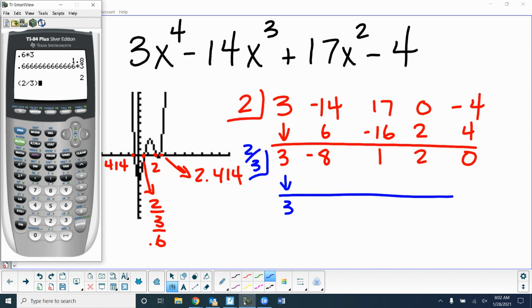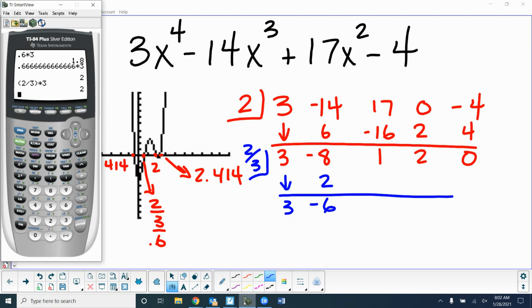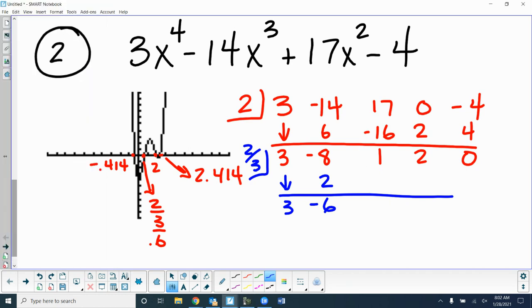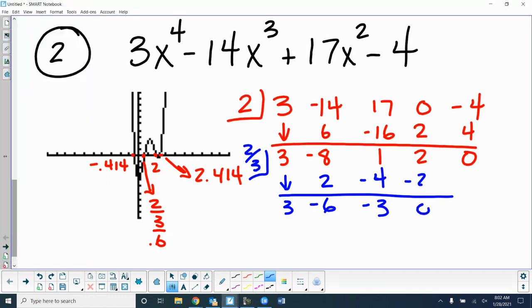So just put it in parentheses, and you'll get your 2. All right? And then that's negative 6. Okay? And then you can hit second enter if you want, and it'll put the same thing. Go back and use the negative 6 then. You get negative 4. 1 plus a negative 4 is a negative 3. Hit second enter again, and then change that to a negative 3. And it should be a negative 2. And then it works out.